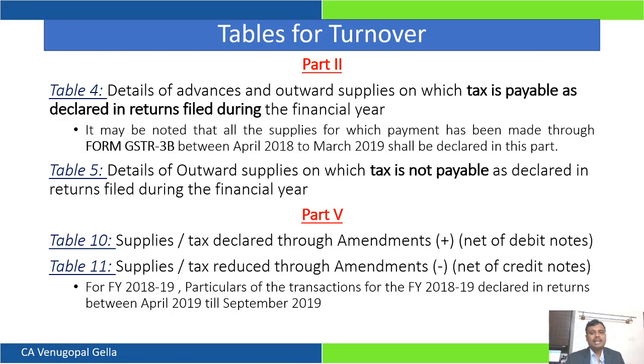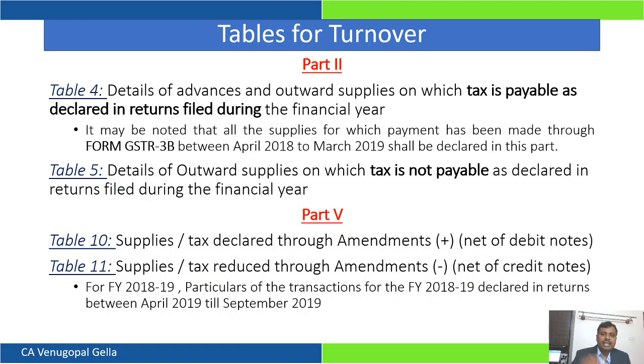Now, let me just give you the various parts, the tables and the importance of it. Table 4 and 5 is covered in part 2 and table 10 and 11 is covered in part 5. Table 4 says details of advances and outward supplies on which tax is payable as declared in the returns filed during the financial year.